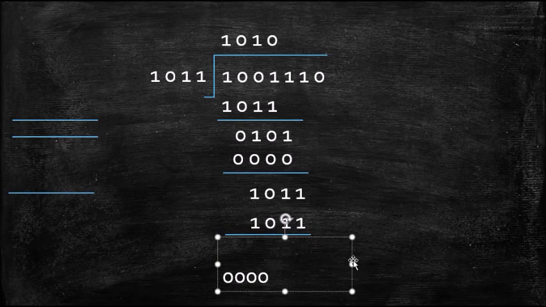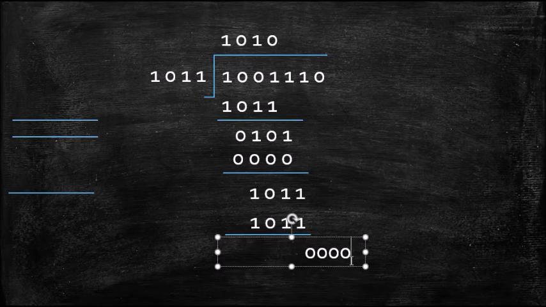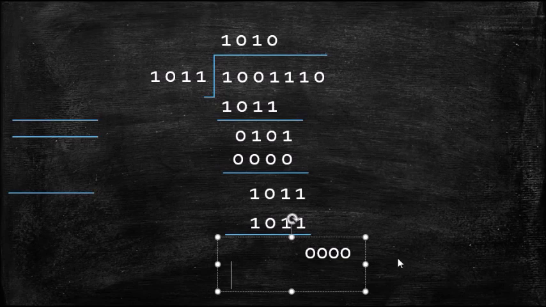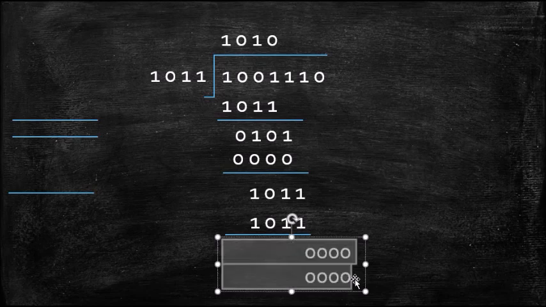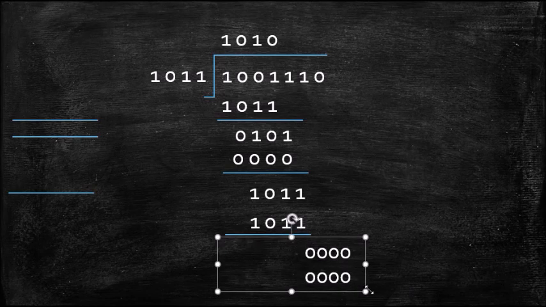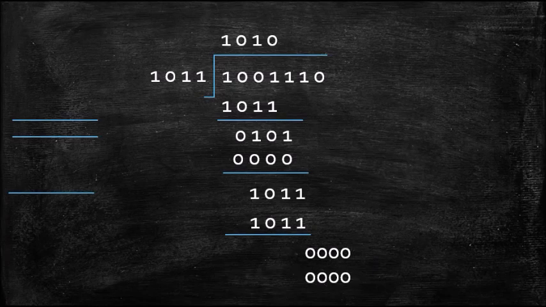So we divide it by 0, 0, 0. The answer will be 0, 0, 0. So this means there's no error in the code.